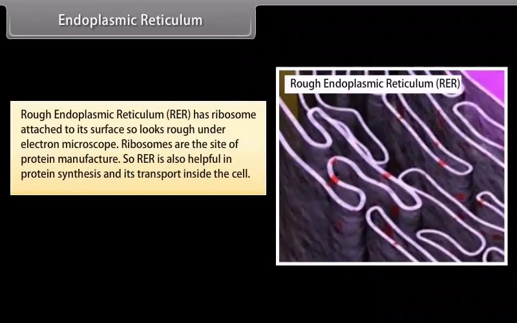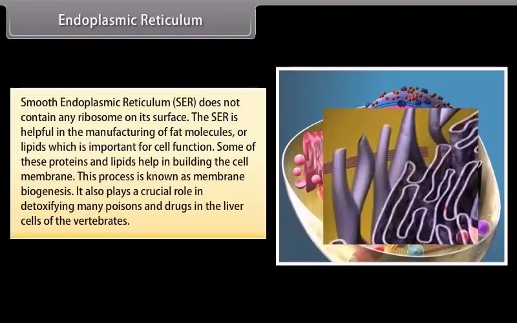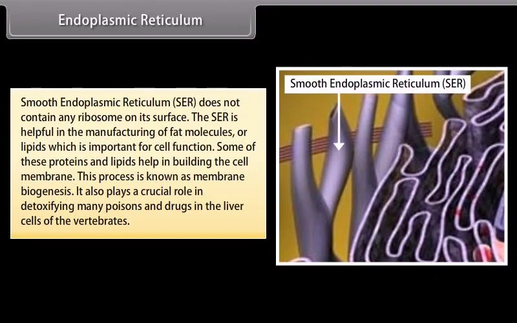Rough endoplasmic reticulum (RER) has ribosomes attached to its surface, so it looks rough under the electron microscope. Ribosomes are the site of protein manufacture, so RER is also helpful in protein synthesis and its transport inside the cell. Smooth endoplasmic reticulum (SER) does not contain any ribosomes on its surface.